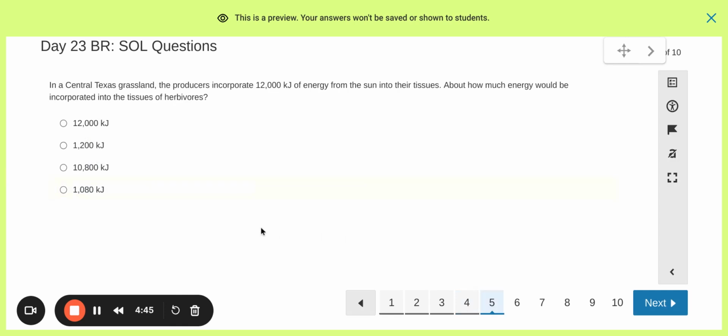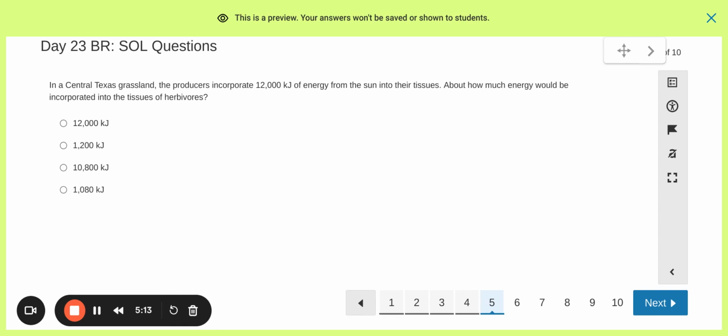Number 5. In a central Texas grassland, the producers incorporate 12,000 kilojoules of energy from the sun into their tissues. About how much energy would be incorporated into the tissues of herbivores? So, first, let's think about the food chain or pyramid: producers, primary consumers, secondary, tertiary, quaternary.